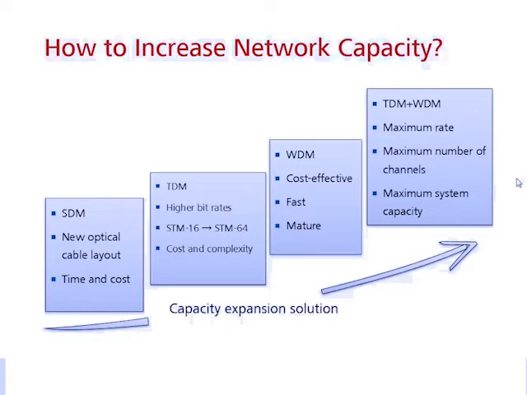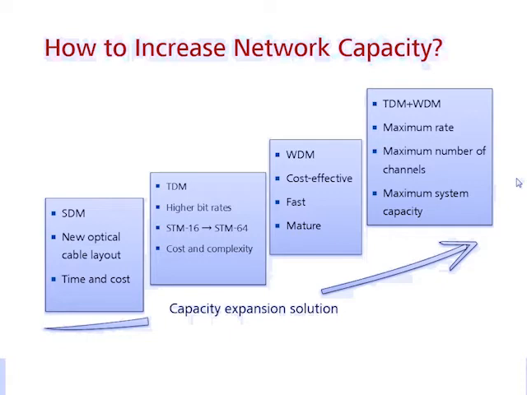Okay, and then WDM also has some limitations. For example, in the same fiber, we can only allow a maximum wavelength number of 80 or 160, or in the newest solution, 192 wavelengths in the same fiber. The wavelength number is limited, so you cannot always add wavelengths to increase capacity. So if you need more capacity, we have TDM plus WDM.